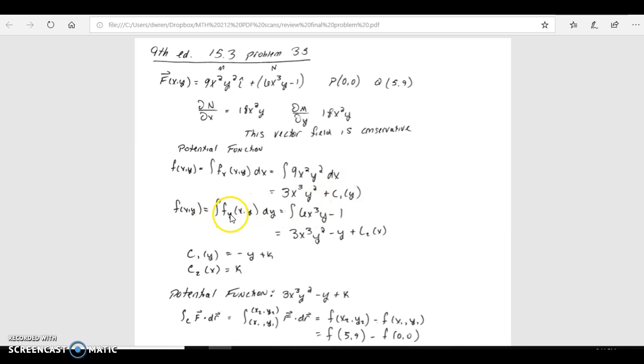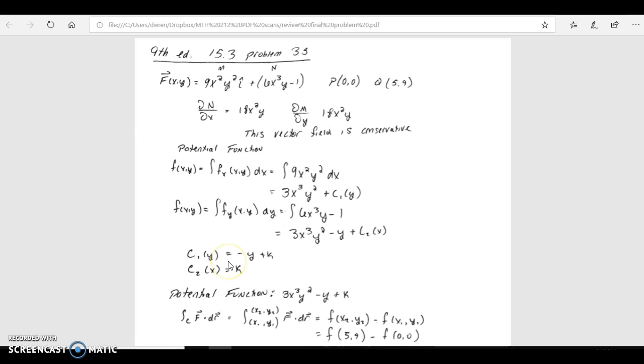It'll also equal the integral of the f sub y value dy, which is the integral of the j component, 6x to the third times y minus 1. Integrating that, you get 3x to the third, a constant term carrying through, times y squared minus y plus some c2 of x value.